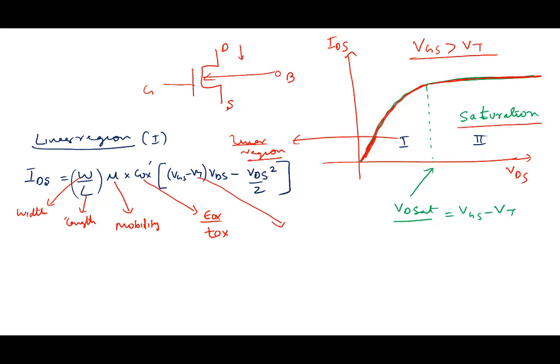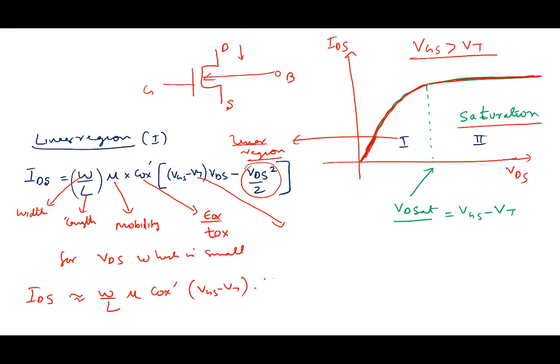You can see that if VDS is small, then the quadratic term is negligible, and you could say IDS is equal to W by L mu C oxide prime, VGS minus VT, multiplied by VDS.